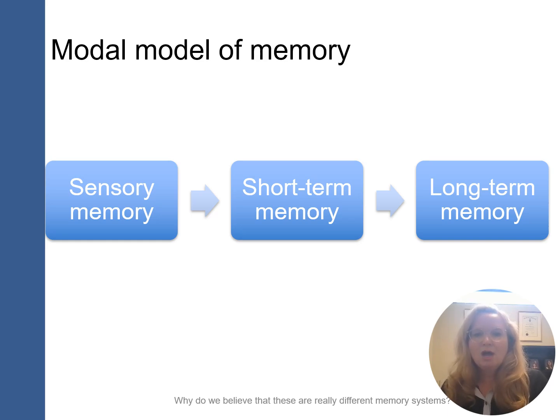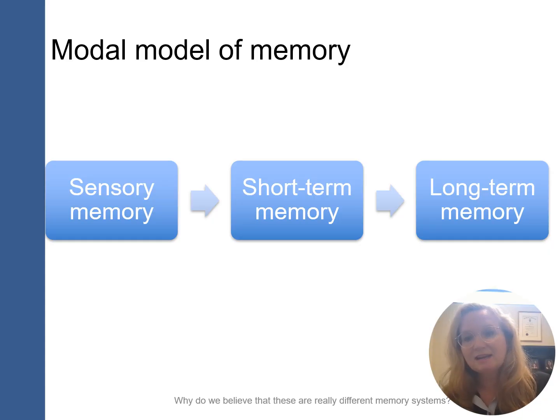Okay, so why do we believe that there might be different memory systems? Well, a lot of research is suggesting, and we'll talk about this, that there's probably different components or models in memory. You probably have seen this before, maybe in another course, but this is the modal model of memory.